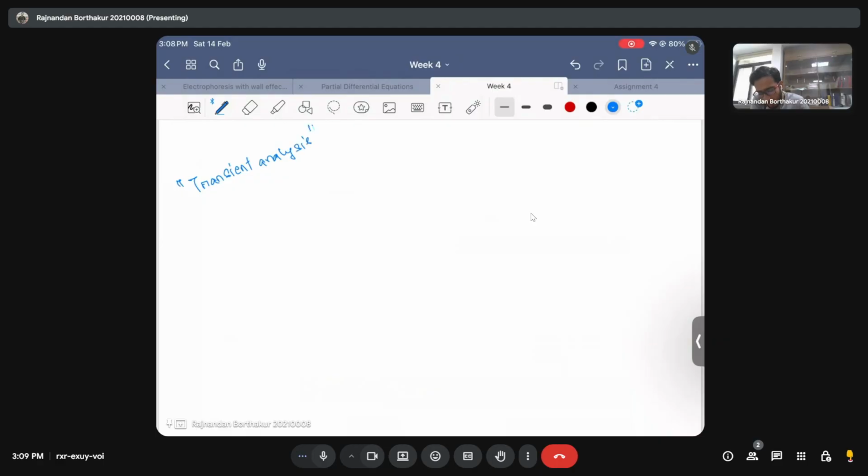For example, you might have looked into the case where there is a plate, and you have a coordinate system something like this, where this is your x direction and this is your y direction, and you have a fluid above this plate, which is typically at rest.